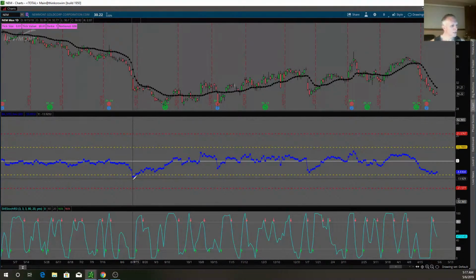All right, so as is always, these divergences here where higher low, lower low, those are important as well.